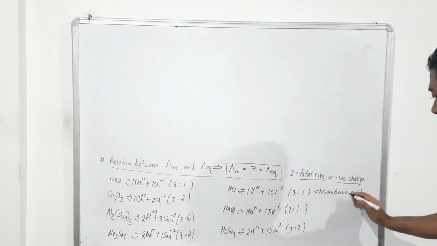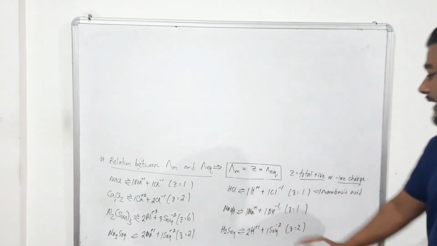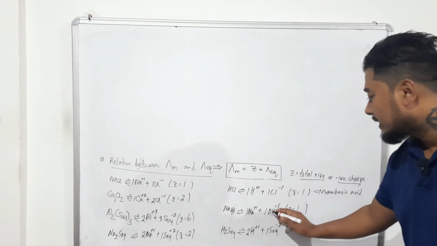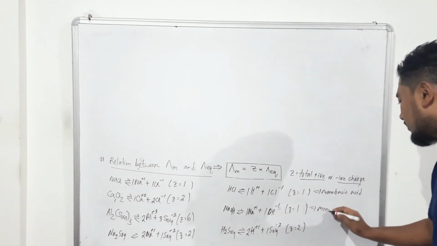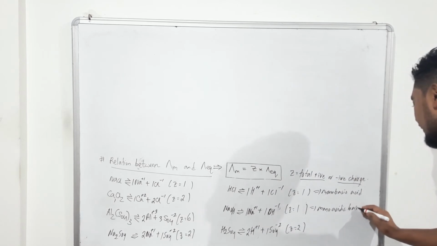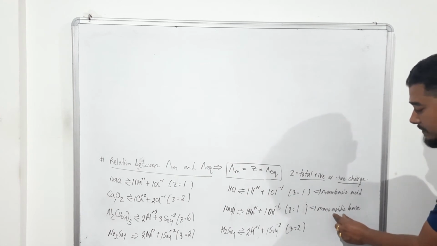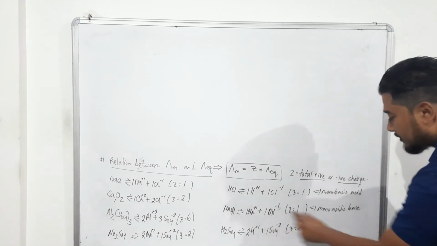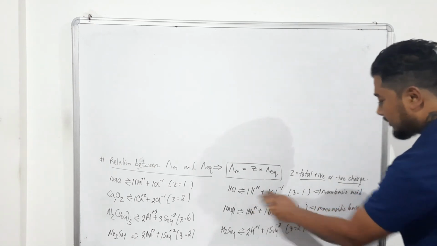These are those acids whose basicity is 1, means number of H is 1. And this NaOH is a base, it produces one OH minus, so those are called monoacidic base. Means base whose acidity is 1. Acidity means number of OH, 1, so mono. Basicity means number of H, 1, so mono.